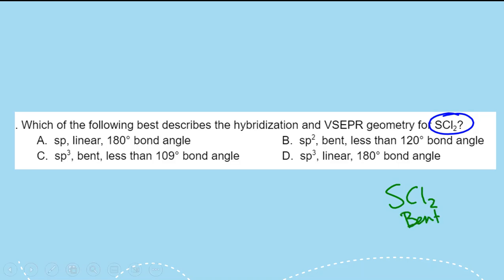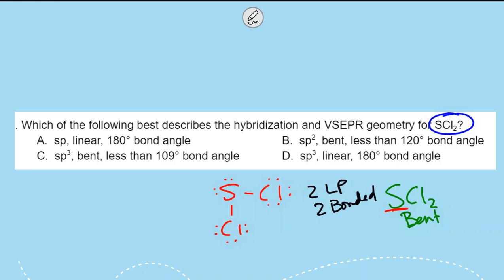It is a group 16 central atom with 2 ligands, so that means it's going to look just like this. 2 lone pairs, 2 bonded atoms, okay? If you can't look at it and see what that's going to be, then draw it out. I would draw it out for the AP exam. However, that means we have 2 lone pairs, we have 2 bonded atoms.